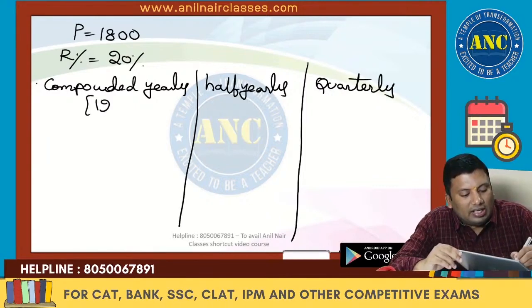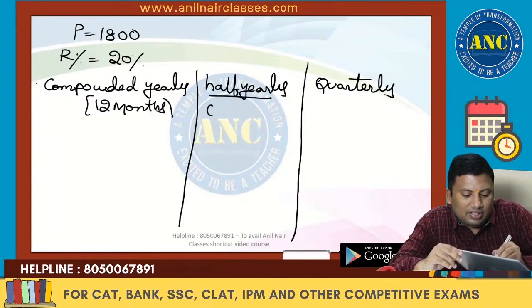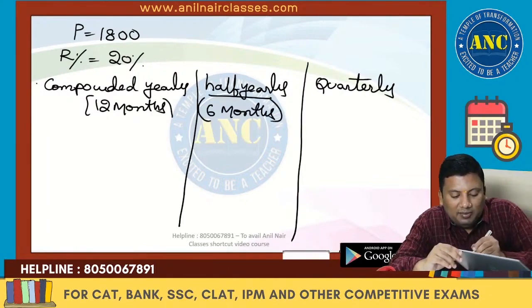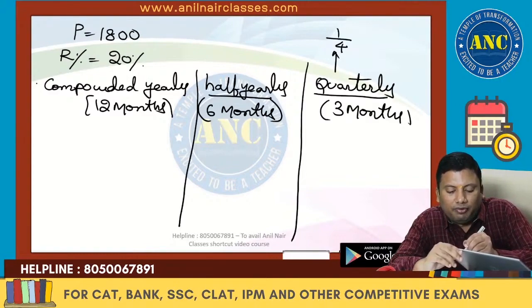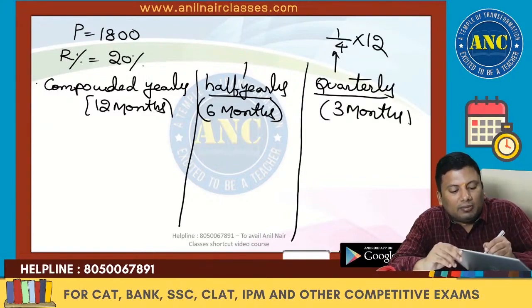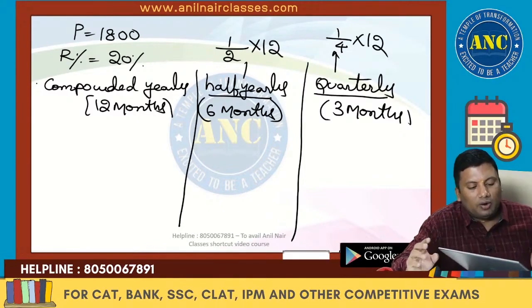Yearly means it is for 12 months. Half yearly means it is for 6 months. Quarterly means it is for 3 months. Quarterly is 1 by 4th of 12, half yearly is half of 12, and yearly is 12. I hope it is clear.